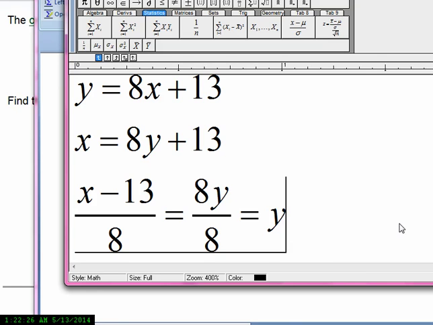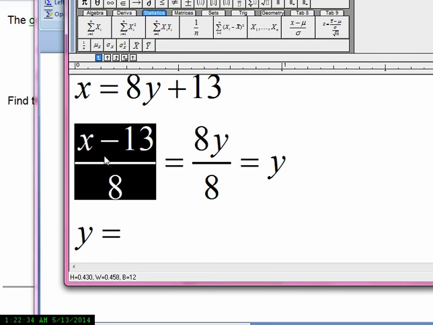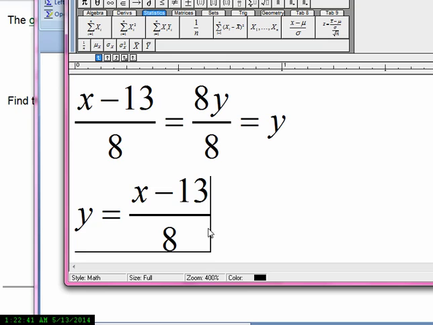And so now I have y equals x minus 13 all divided by 8. And that is my inverse function. So I'm going to replace y with g inverse.